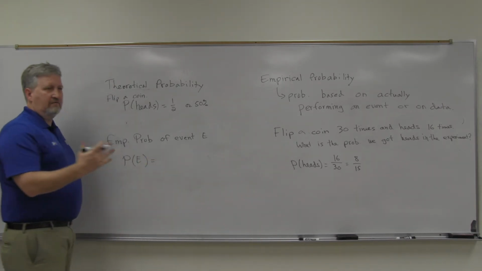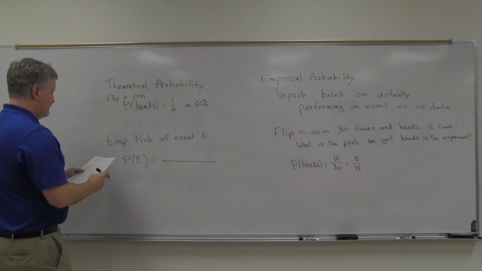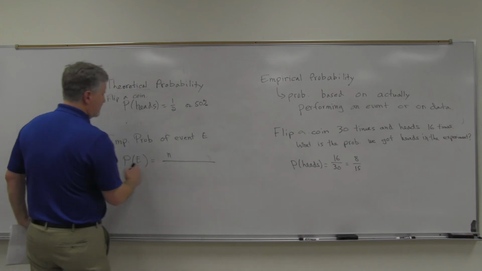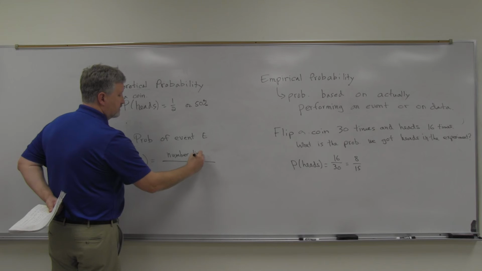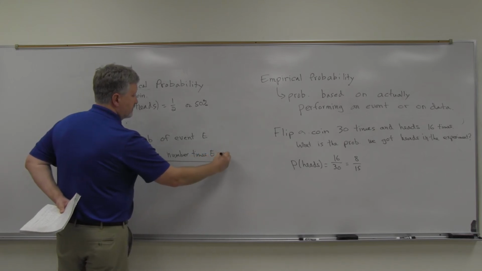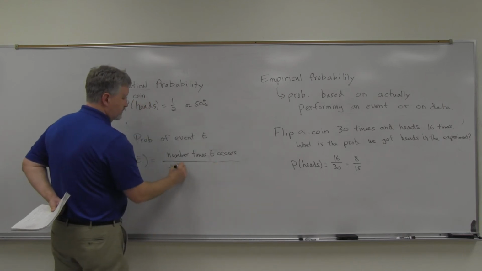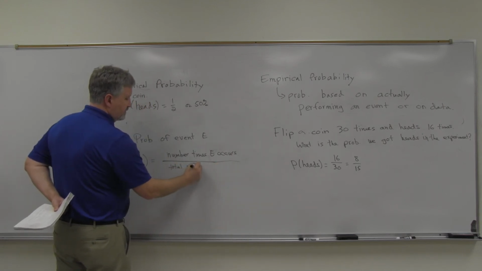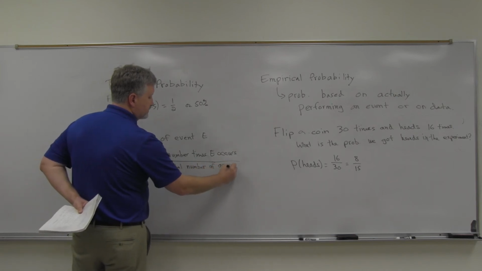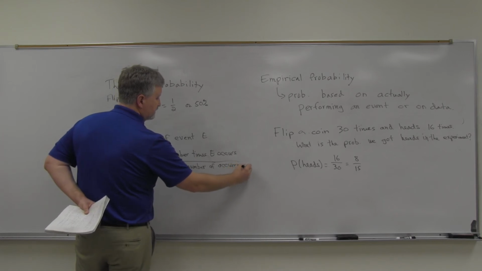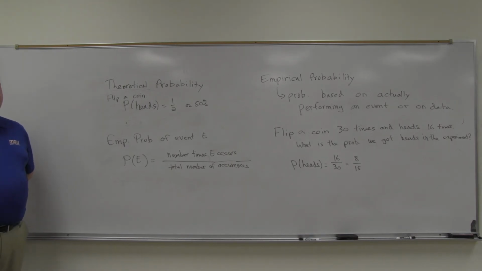I mean, it's not totally different, but the probability of event E would be the number of times E occurs divided by the total number of occurrences or outcomes or data. So it's very much related.